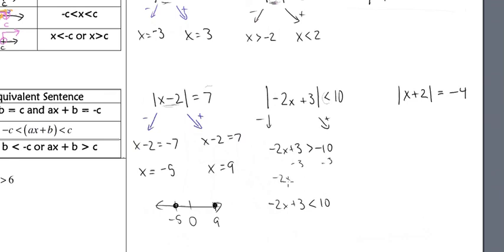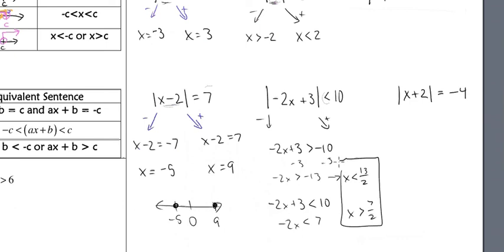We have negative 2x is greater than, what is that, negative 13. And so after we divide both sides by negative 2, x will be less than 13 halves. Over here, subtract 3, and we get negative 2x is less than 7. Divide by negative 2, and we get x is greater than 7 halves.